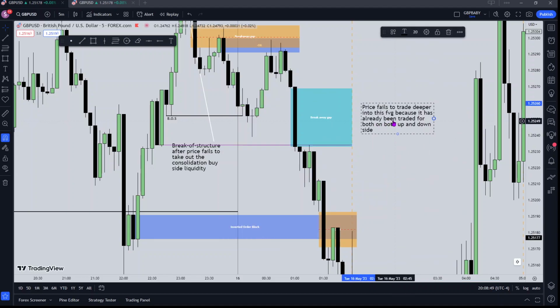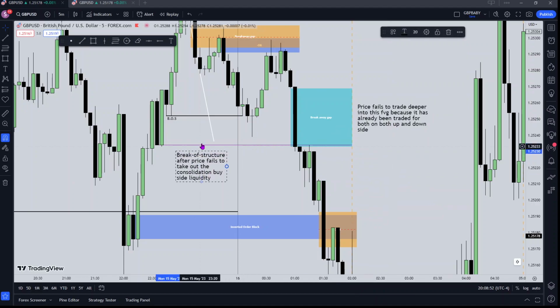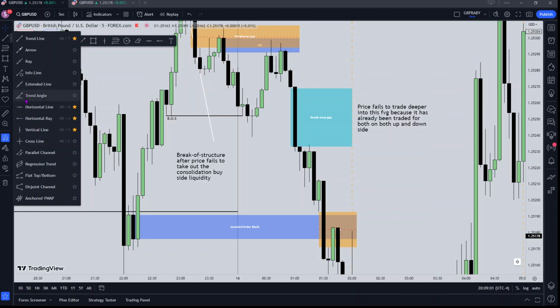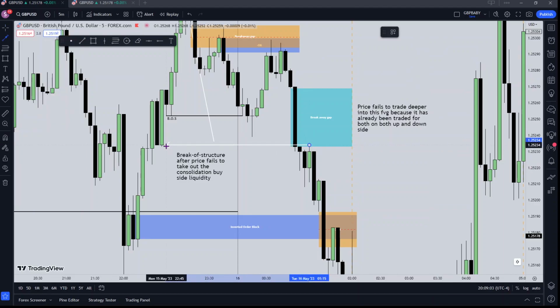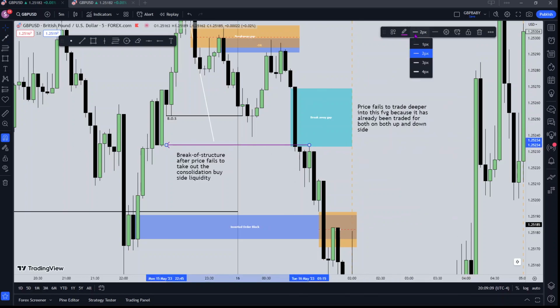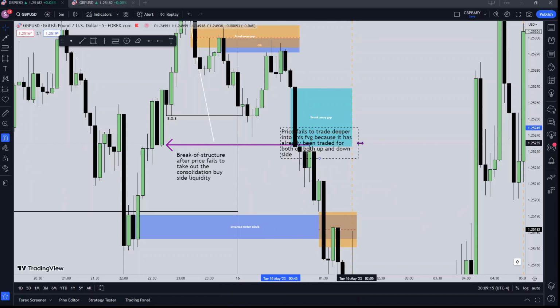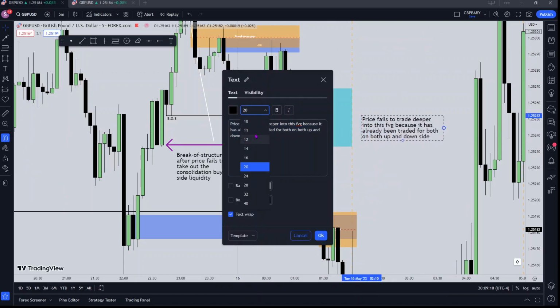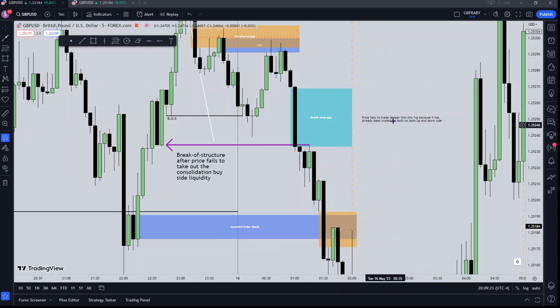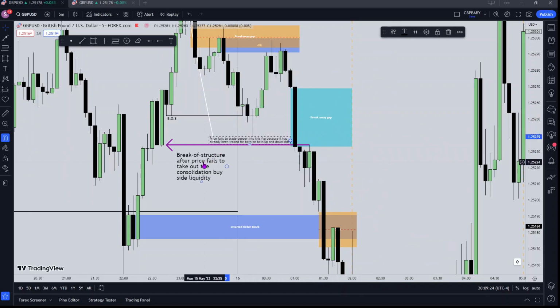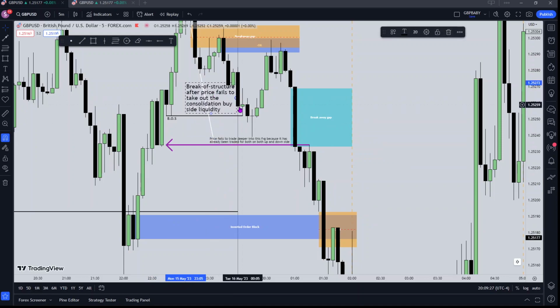Trying not to make it too wordy, but this is interesting. I'm gonna make an arrow actually. Let's make that an arrow. This high. Although I'd love to think that I could enter on a candle like that, because this is craziness. Can I change the font? No, I can't. Breaker, where's this? I'm gonna make this smaller as well.